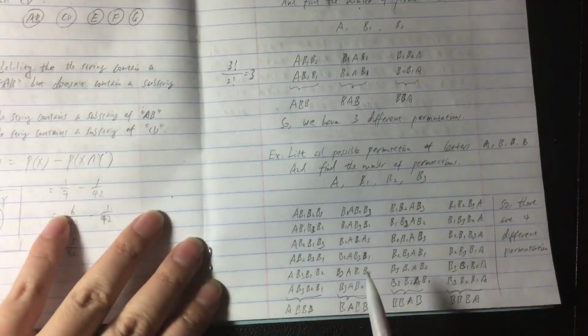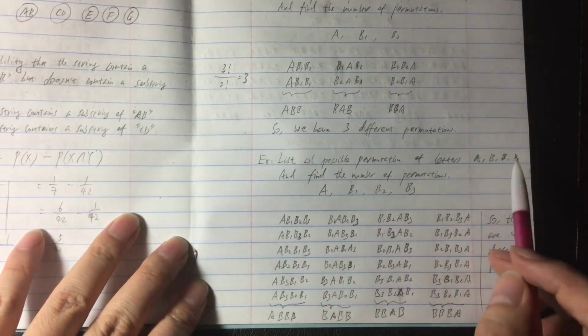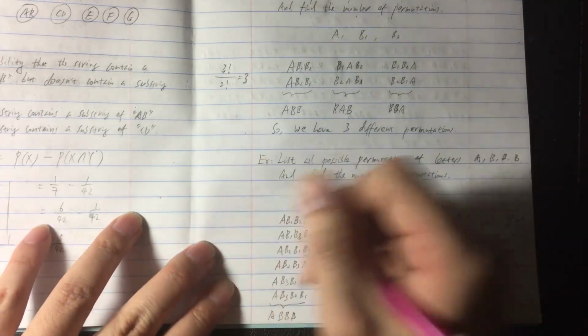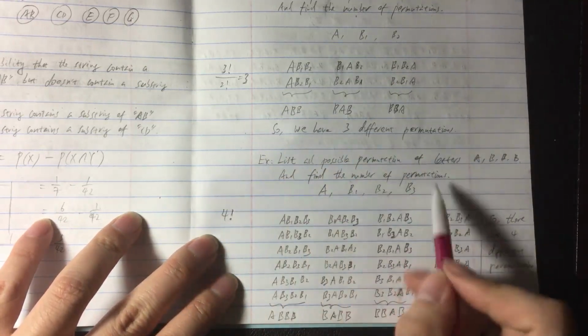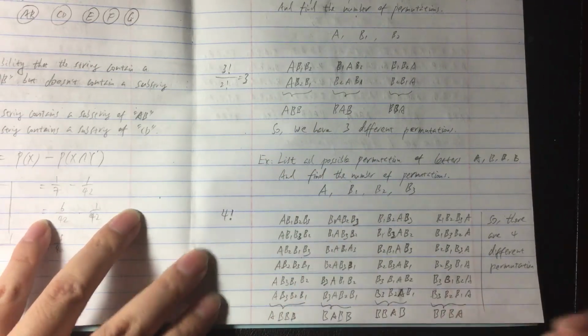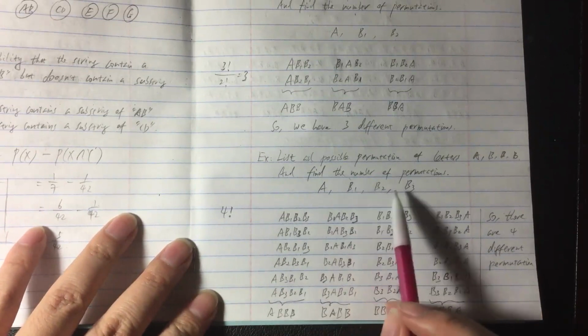For the next example, these 3 bits look exactly the same. If I make the bits look different and make an arrangement, there are 4 factorial, which is 24 different arrangements. However, these 3 bits look exactly the same.